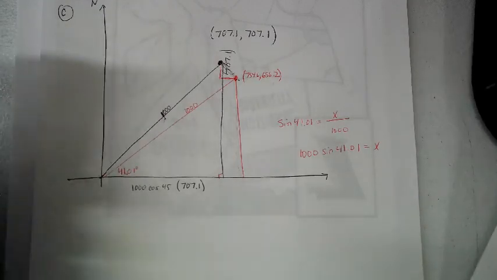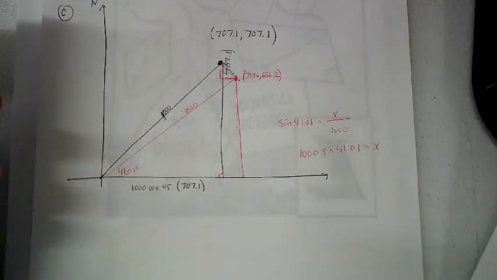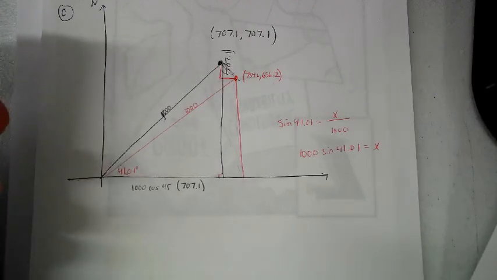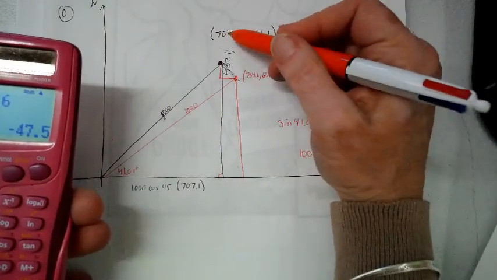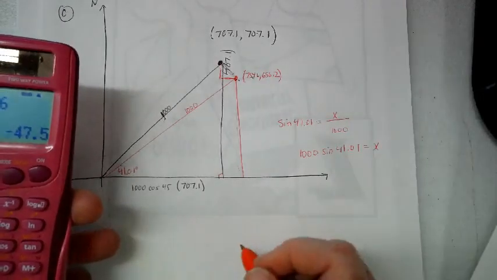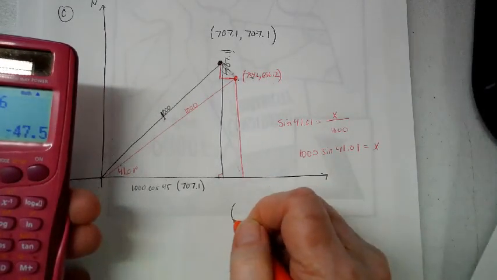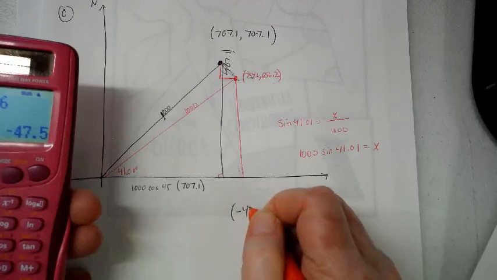Okay, 707.1 minus 754.6. So if I take this one and subtract this one, I end up with negative 47.5.